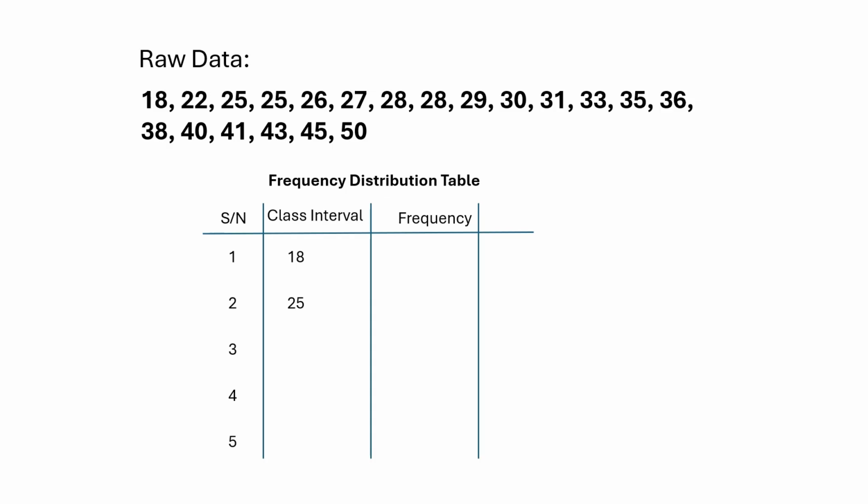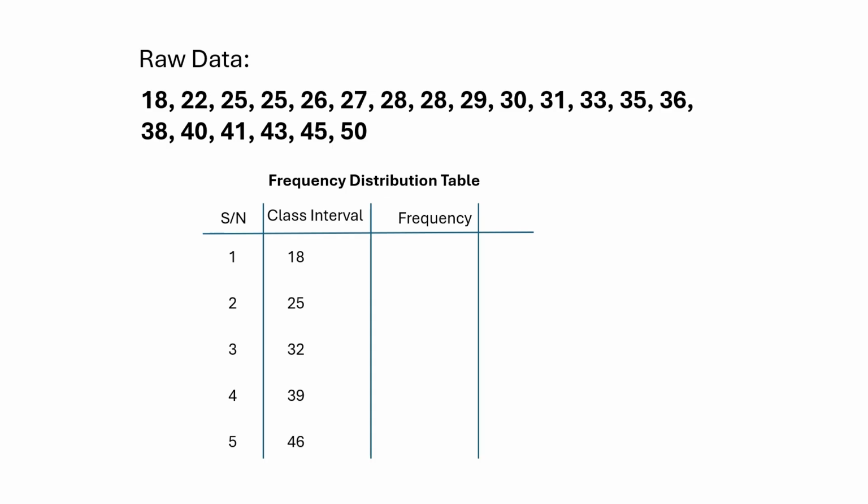To find the lower class limit of the next class, I will add 7 to 25, it becomes 32. And then I add 7 to it again, the next class lower limit becomes 39. And finally, I add 7 to 39 to get the last lower class limit, which is 46.